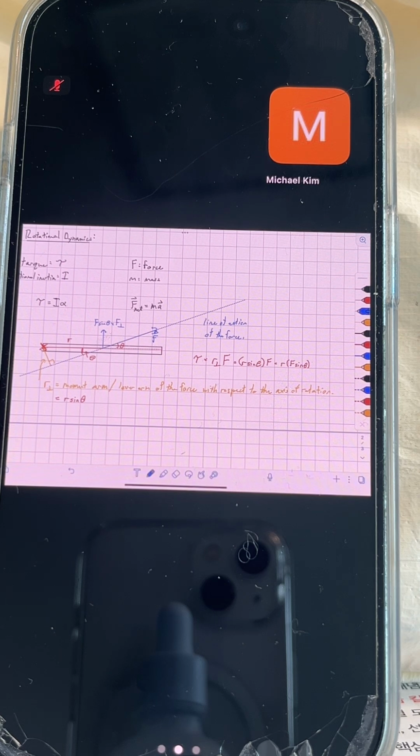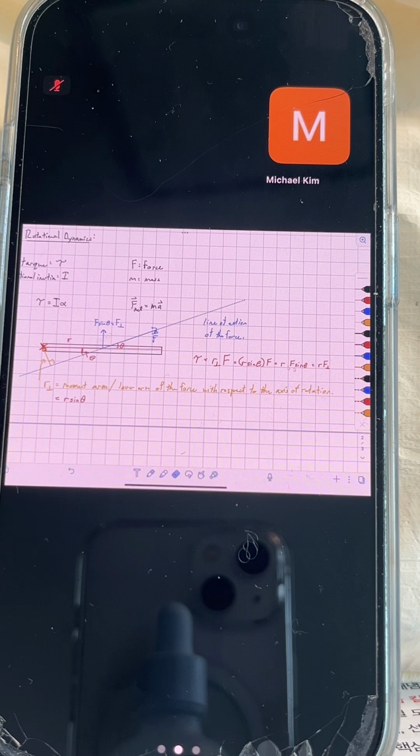Or I can think about it as being the distance from the axis of rotation to where the force is being exerted times the perpendicular component of the force. In other words, the component of the force that's perpendicular to this line here. All right. And so I could also think about this as R F perp. Okay. And so again, these are all perfectly valid ways of calculating torque.